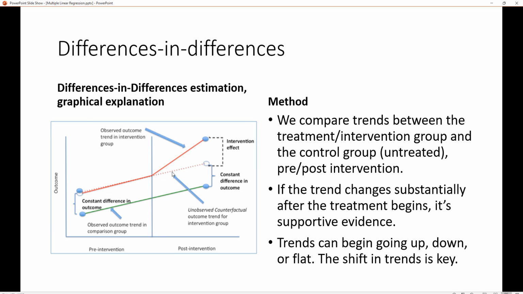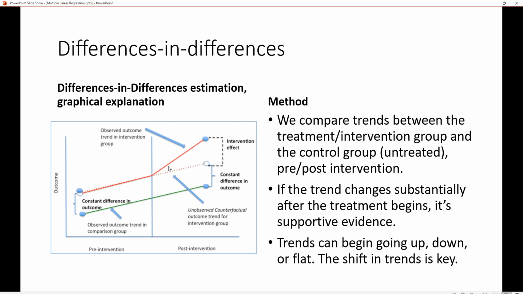So that red dashed line represents what the intervention group would look like if we didn't have that intervention. If they were just to continue that same trend, we'd expect to see a parallel trend with our control group, and the space between the red and green lines would represent that difference in their outcomes.